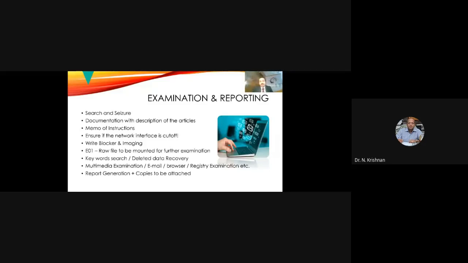Next, documentation with the description of the articles. Whatever they seize, the device, serial numbers, the make, model, capacity of the storage, whatever best explains the particular device, that is to be mentioned in the documentation procedure, including the pen drives and the CDs.